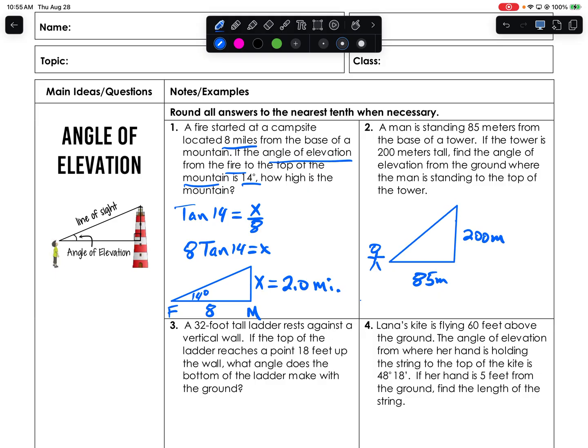Okay, find the angle of elevation from the ground where the man is standing. So we're looking for here, theta. What am I using? Tan again. So tan inverse, right? When we're finding an angle measure, it's always an inverse tangent of 200 over 85. And that gives us theta. And you should get theta equals 67 degrees. Okay?